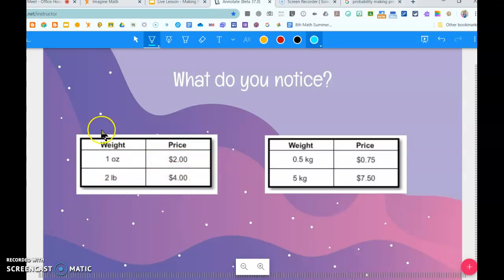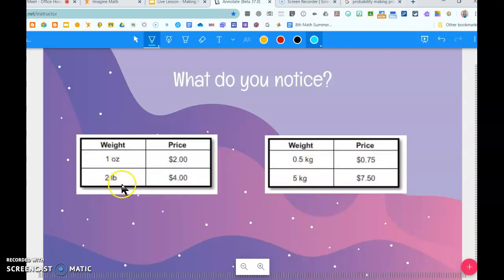Is there something else you notice about this table that makes you uncomfortable? I'll tell you that this one being weighed in ounces and this one being weighed in pounds makes me very uncomfortable, because I know that math works better when you're in the same unit.